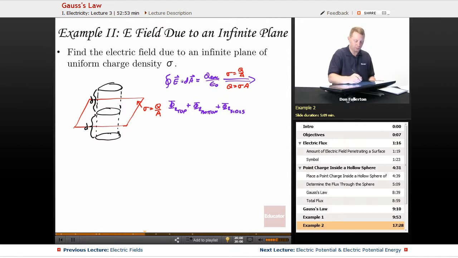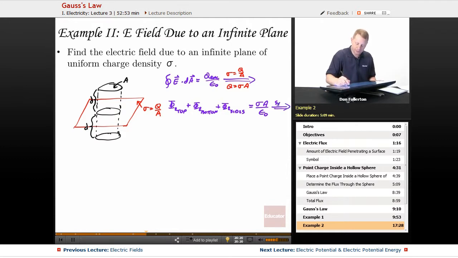That must be equal to our charge enclosed, which is sigma times A, divided by epsilon 0.